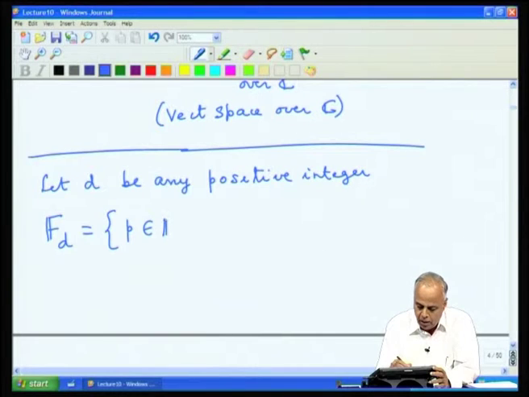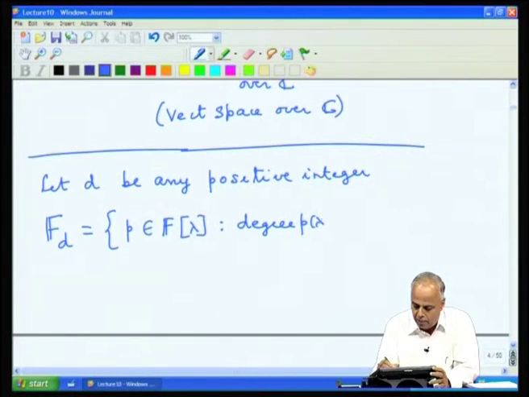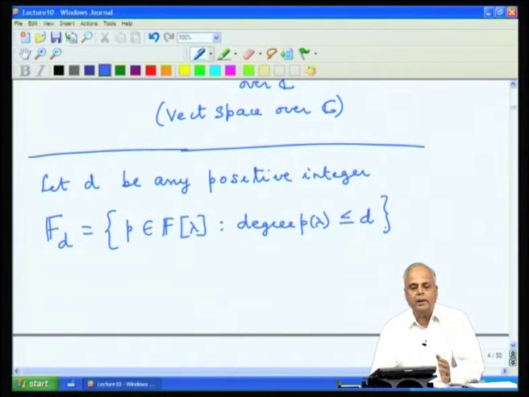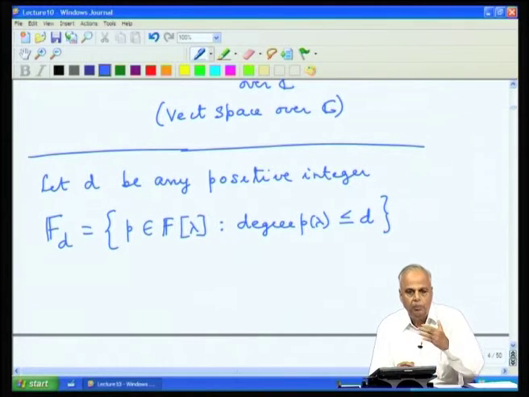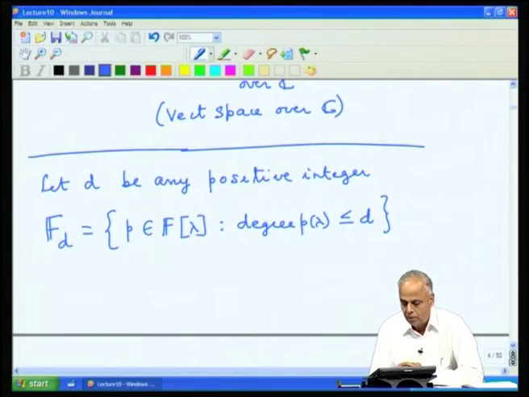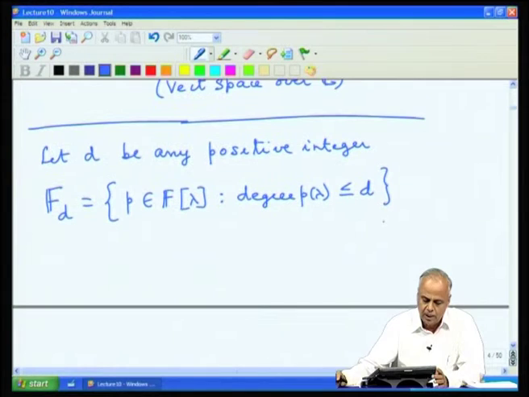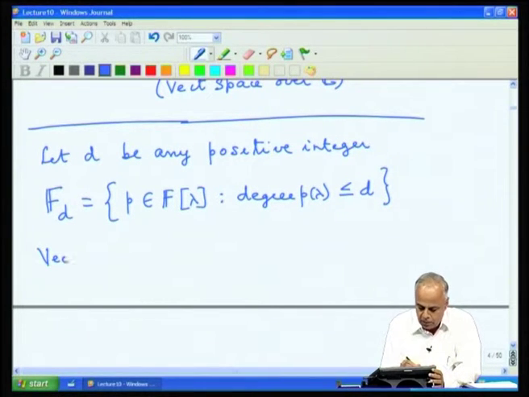So, they are all in F[lambda], but they are special polynomials. Their degree of the polynomial p(lambda) must be less than or equal to d. So, you take the collection of all polynomials of degree below a certain threshold level, say d. Then this collection of all such polynomials forms a vector space with the usual laws of addition and scalar multiplication over F.